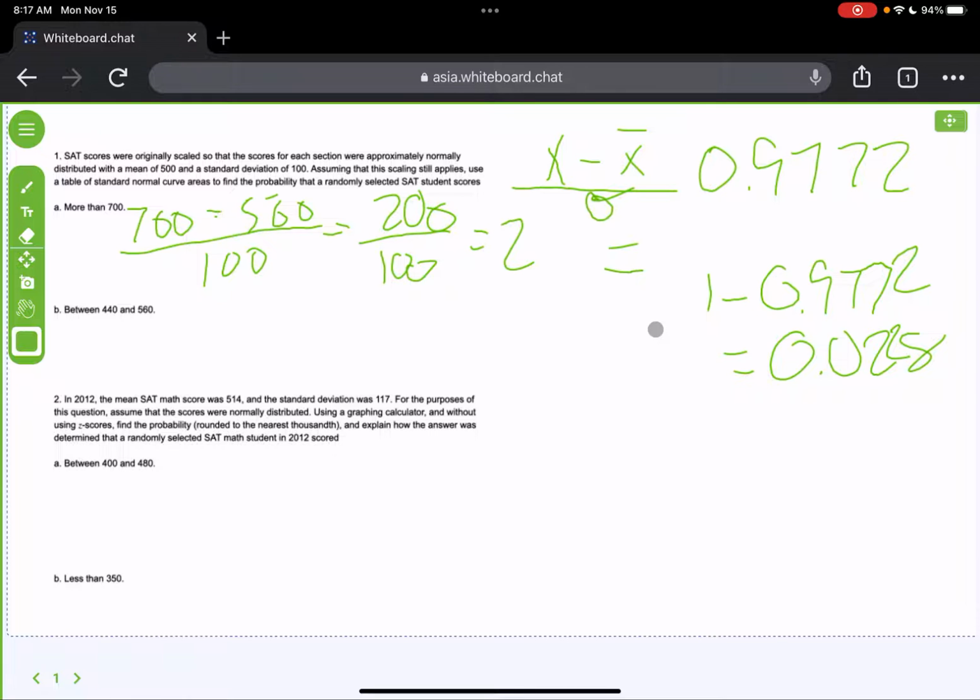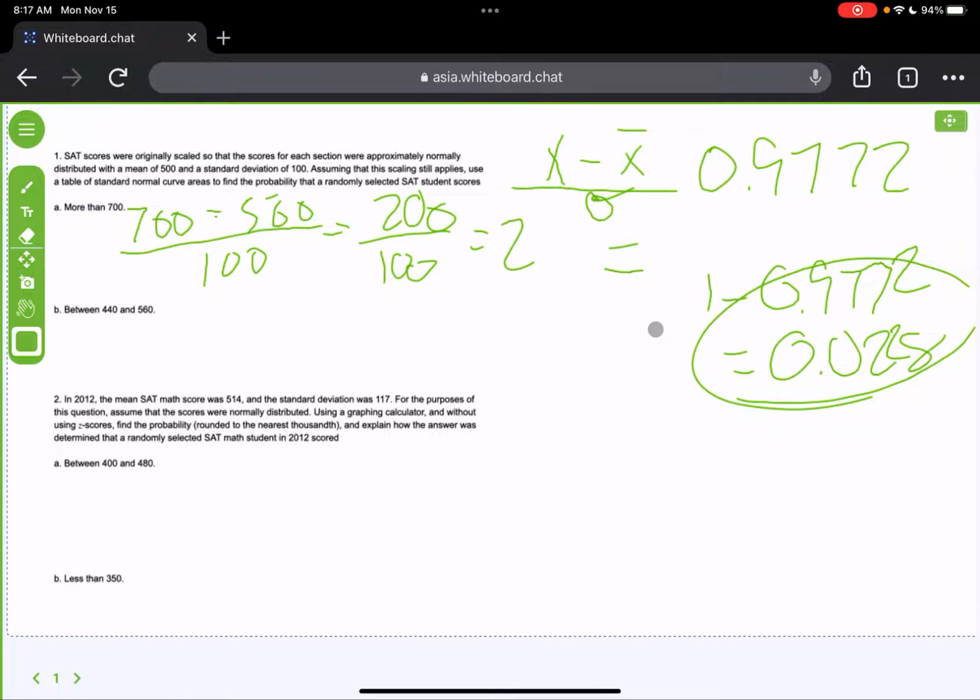So, remember, if it's more than, you're going to have to take 1 minus that. You're going to find the complement of that. Is that what everybody got? Everybody got that for the more than? For A. Alright?